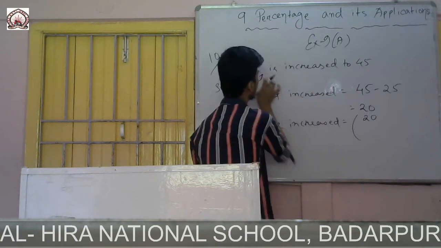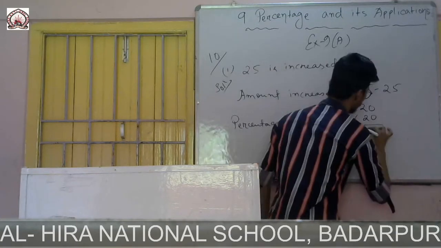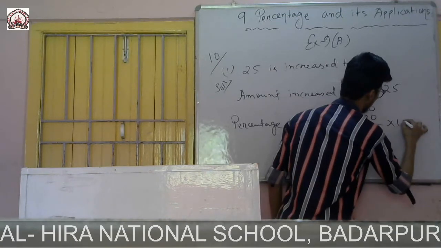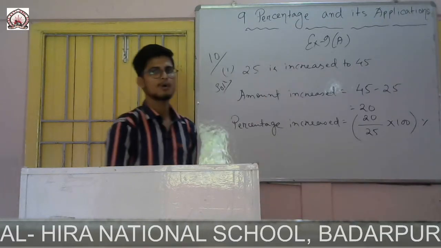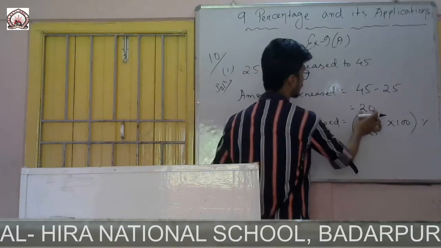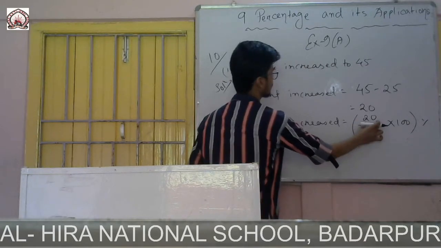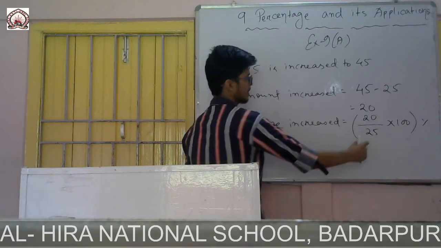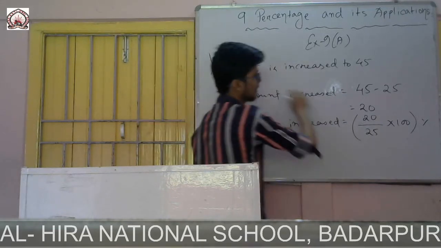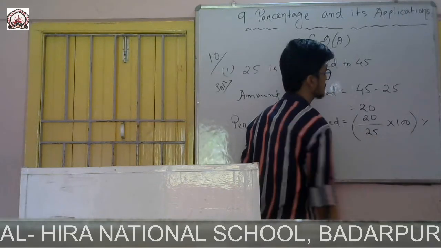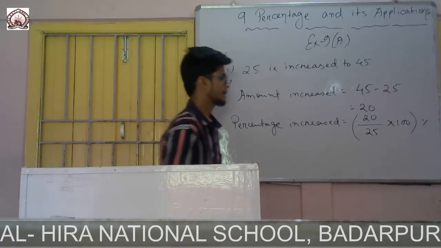And what was the original amount? 25. And since I am finding the percentage, I will multiply it by 100. Always remember this formula. There you put how much amount increased, and there the original amount. Since I am finding the percentage, I multiply by 100.